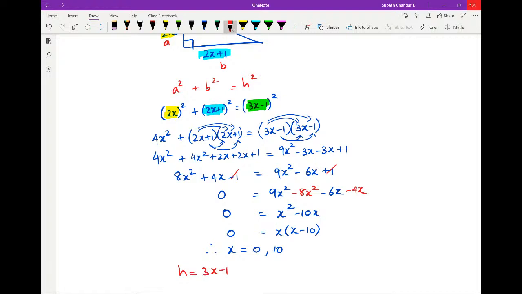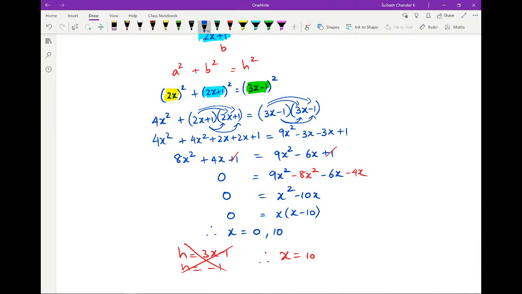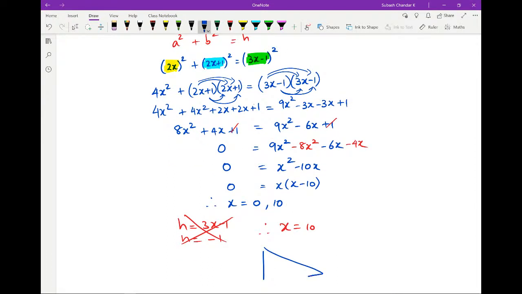And if you put 0, then we're going to get h is equal to negative 1, and so you can't really have that. So therefore x is equal to 10, and then the dimensions are going to look like this. So that's going to be 20, and then that's going to be 21, and this is going to be 29.